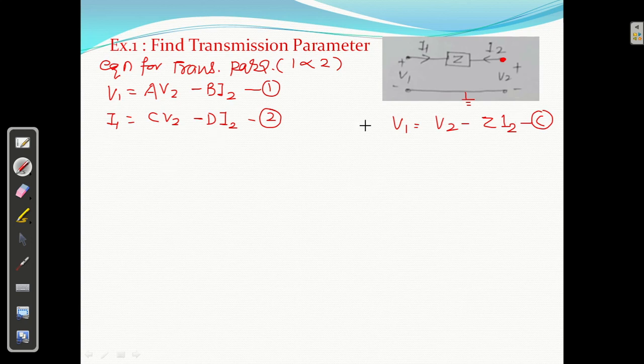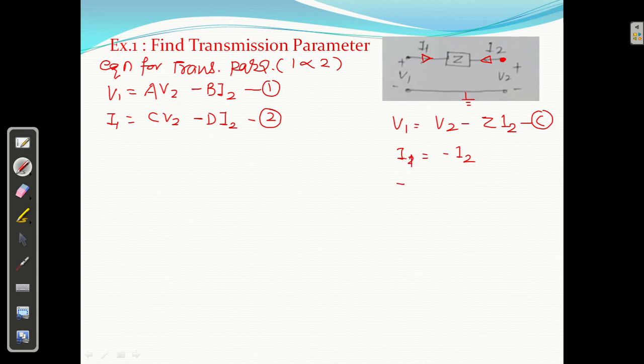Okay, and I1 equal to, can I say from the diagram, this is I1 and this is I2. So can I say I1 equal to minus I2? Yes, these two are in opposite directions, so I1 equal to minus I2.